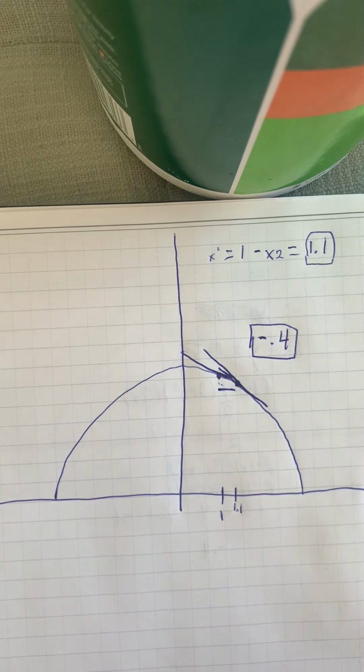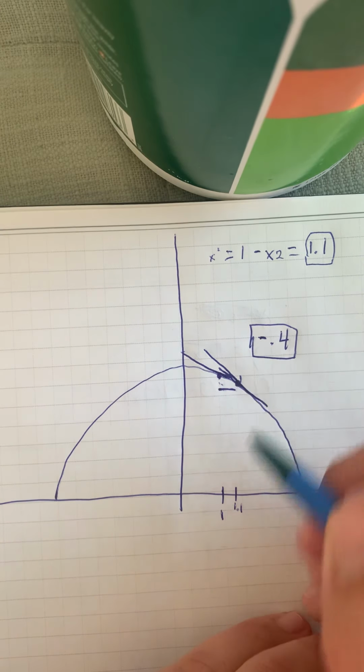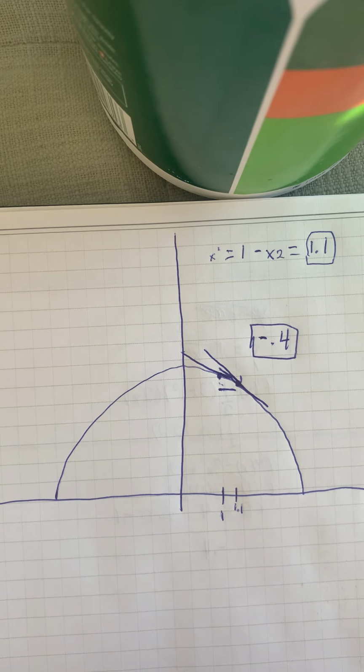So yes, it would be true. It is an underestimate because the slope here at 1.1 is steeper.